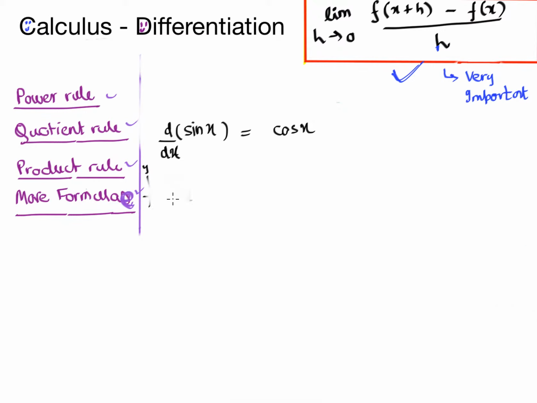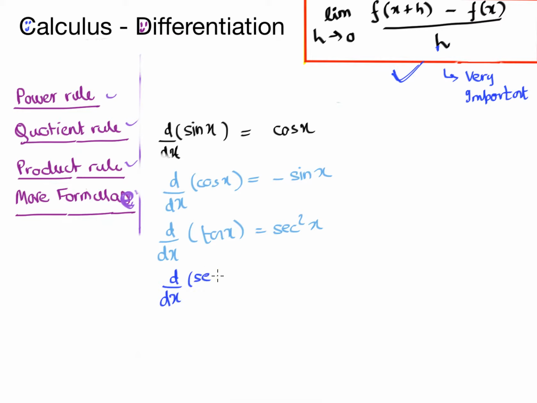And also, it can be proven that when we have d by dx of cos x, we get minus sine of x. Similarly, if you have d by dx of tan x, we get sec square x. When we have d by dx of sec x, we get sec x tan x.